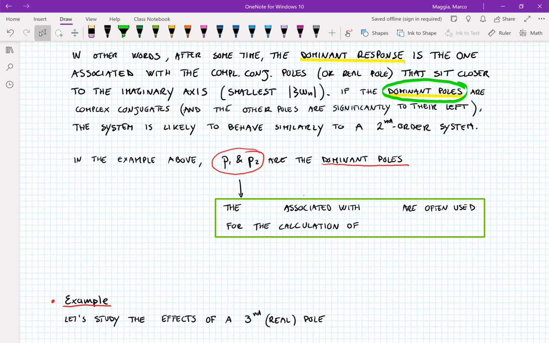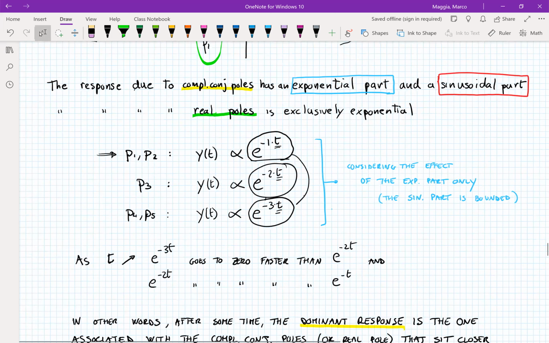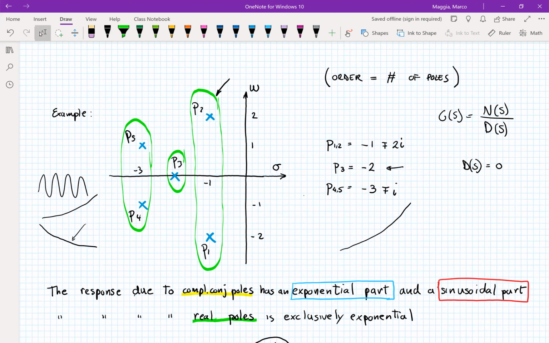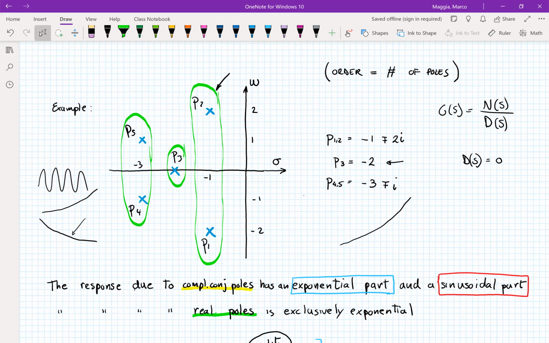All right, so you see that we have P1 and P2. They are dominant. So let me repeat once again, that means that their contribution to the overall response is dominant with respect to the contribution of the other poles. So we can think about maybe neglecting the contribution of P3, P4, and P5 and just focus on the contribution of P1 and P2.